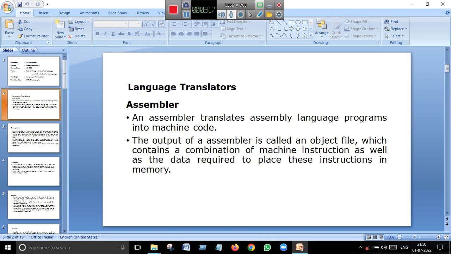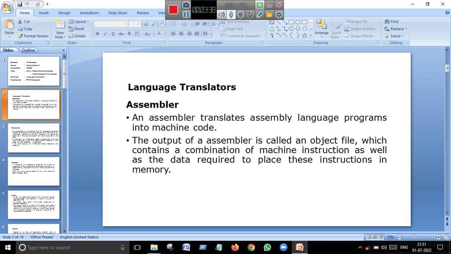So here, in brief, the computer languages are broadly classified into two kinds: high level languages and low level languages.